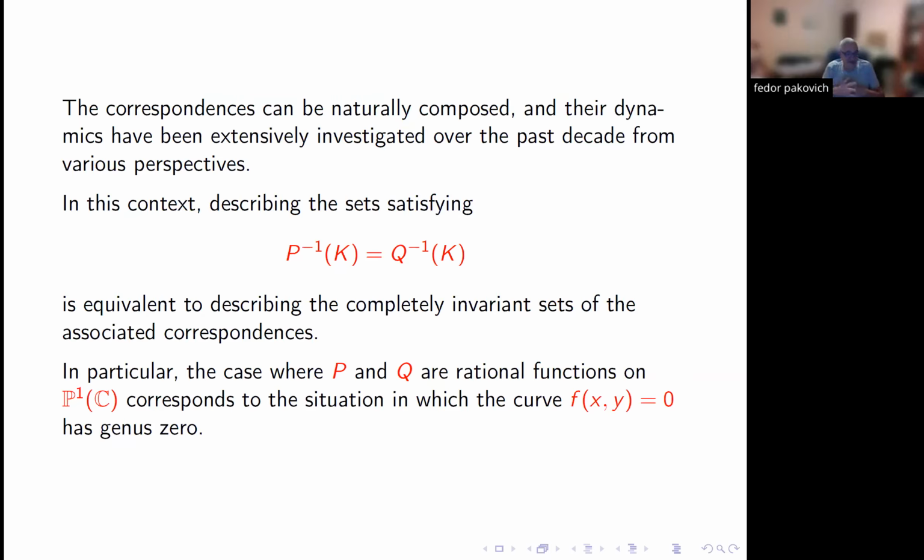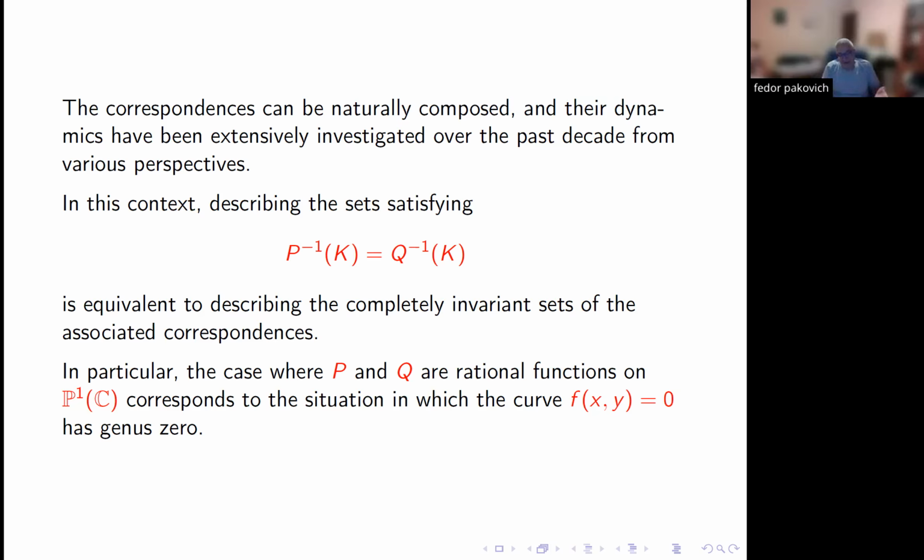But in the particular case where we have just rational functions, it corresponds to the situation in which the curve we consider has genus 0. But from this interpretation, it is clear that we don't have any reason to restrict ourselves to rational functions. It's much more natural to consider an arbitrary holomorphic map.